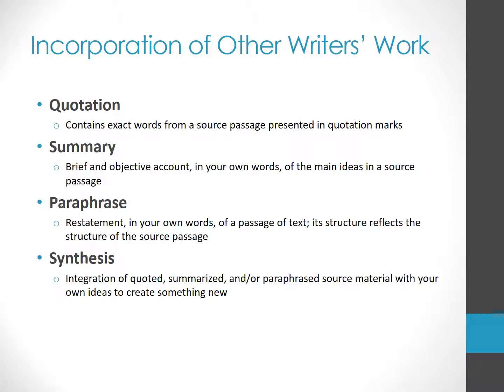A summary is a brief and objective account, in your own words, of the main ideas in a source passage. Paraphrase is a restatement, in your own words, of a passage of text. Its structure reflects the structure of the source passage. Synthesis is the integration of quoted, summarized, and/or paraphrased source material with your own ideas to create something new.